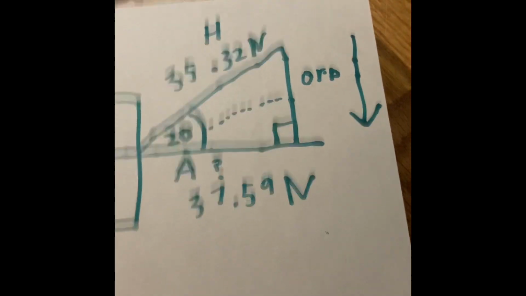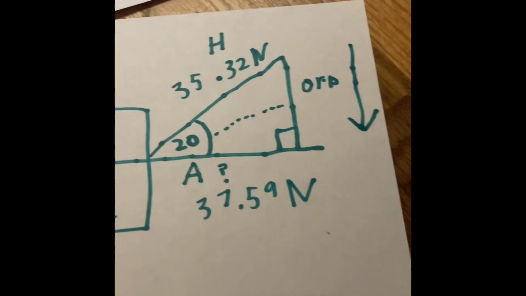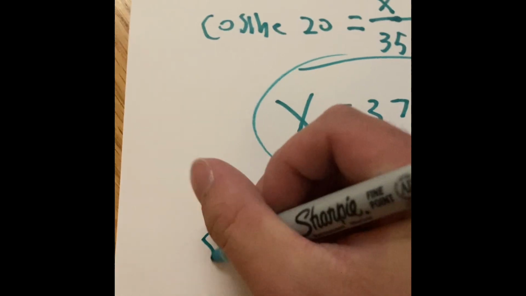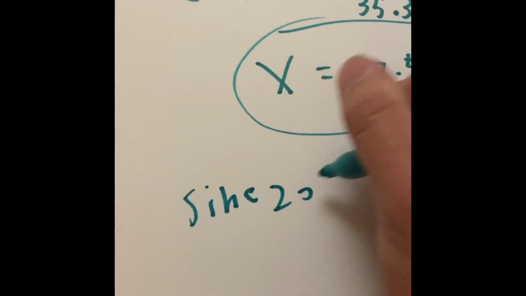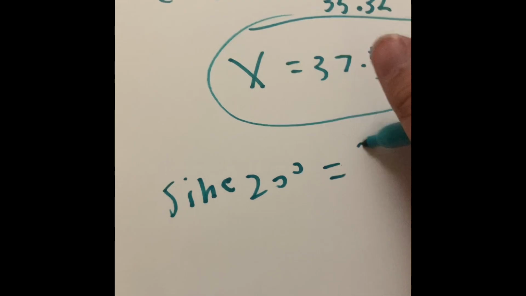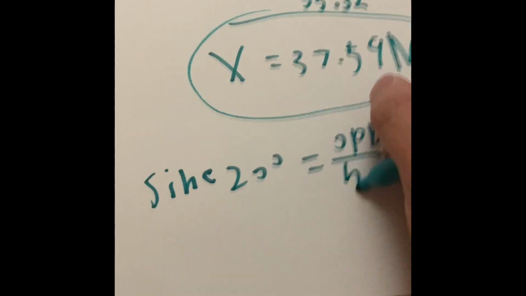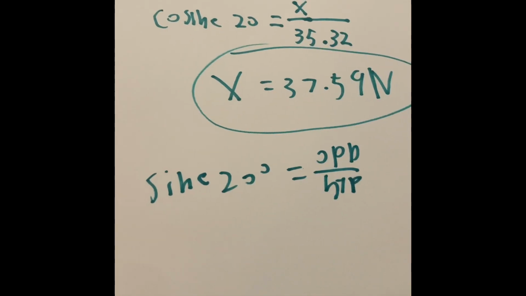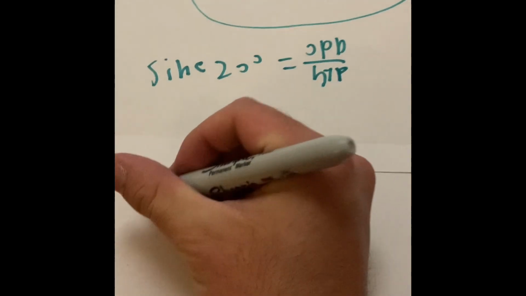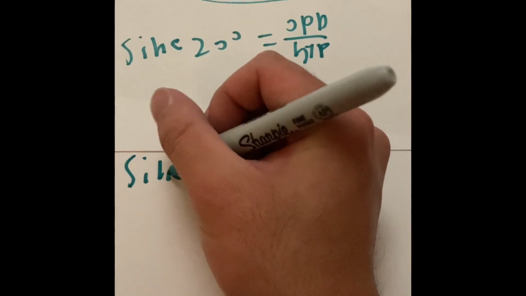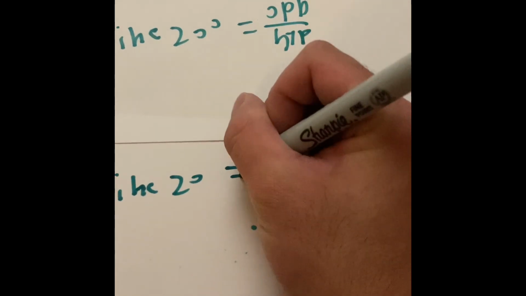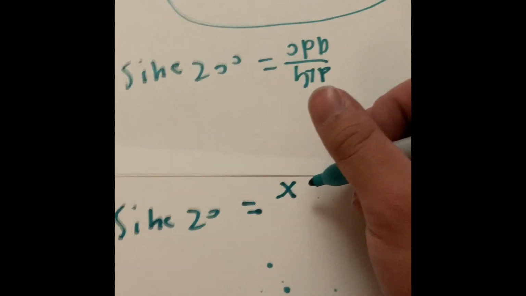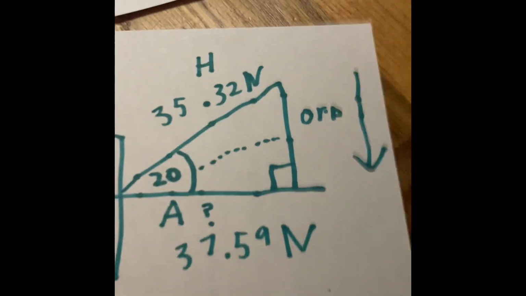If we try the sine, that can work. The sine of 20 degrees is going to equal the opposite divided by the hypotenuse, right? We don't know what our opposite is, because we are trying to find it in the triangle.